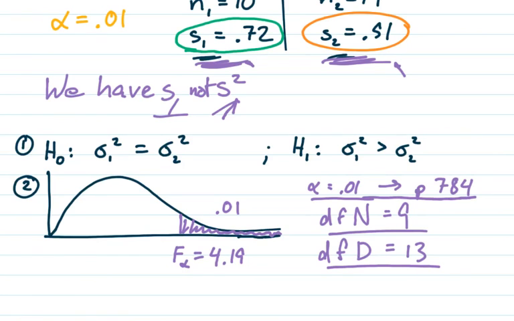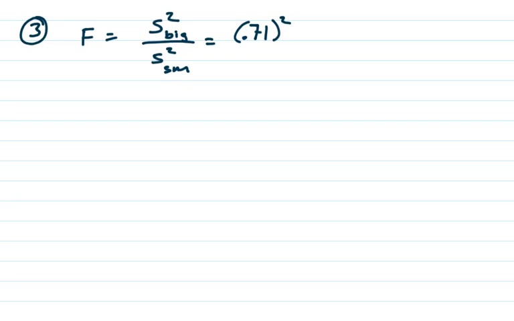And let's flip the page. Okay, step number 3, we're going to compute the test statistic. So the F value is the larger variance, so I'll say S squared subscript big, divided by the smaller variance, so I'll say S squared subscript SM for small. And here we have to remember that we were given not the variances, but the standard deviations.